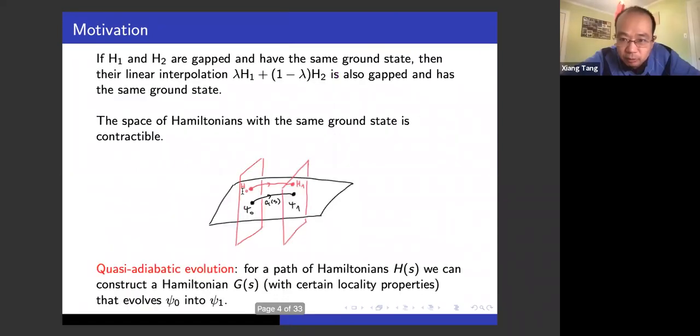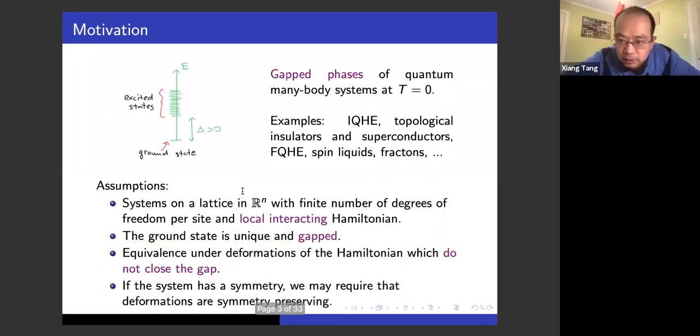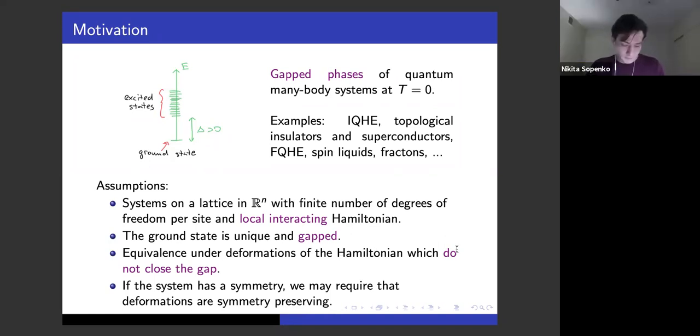So Nikita, we have a question in the chat. Isn't the T equals 0 non-physical? Right. So of course, in the real world, we usually have systems at non-zero temperature. But the thing is, if we also include temperature, some phases can be connected in the space of finite temperature states, but they may not be connected strictly at zero temperature.